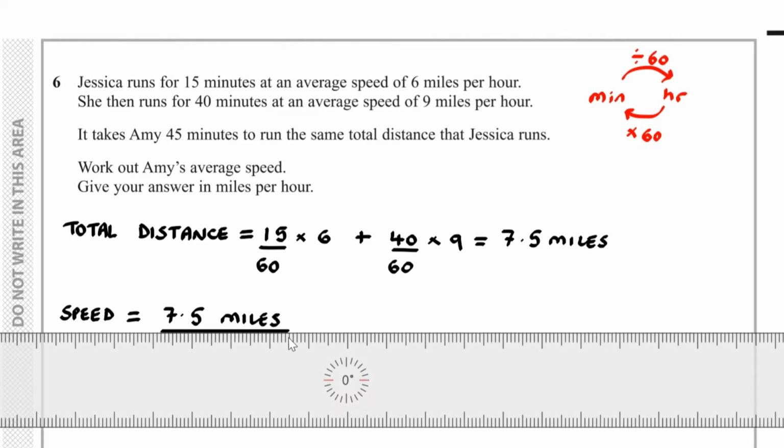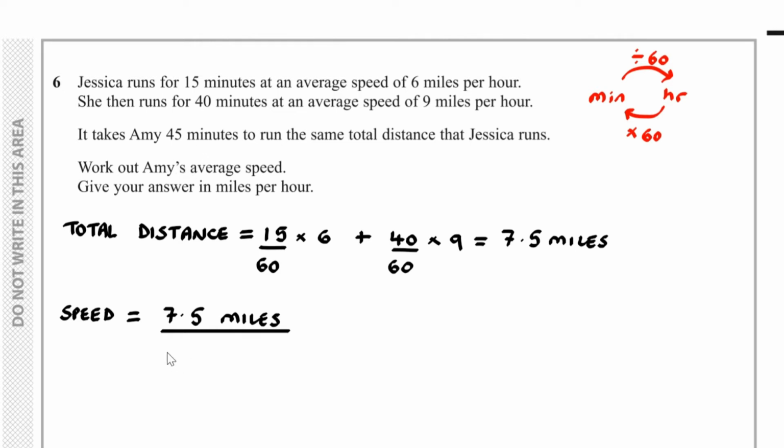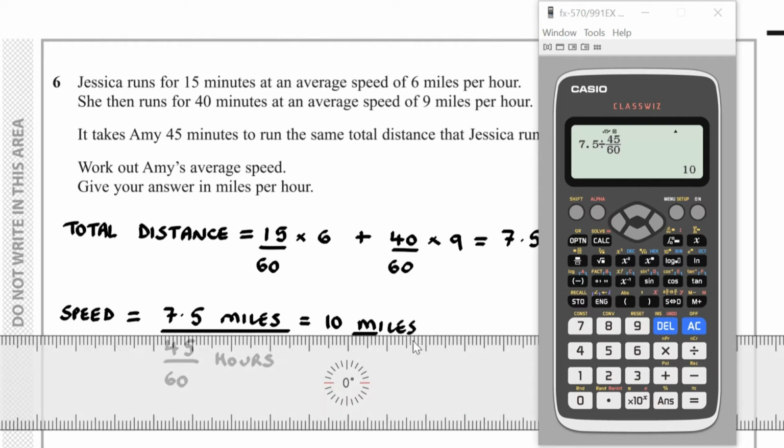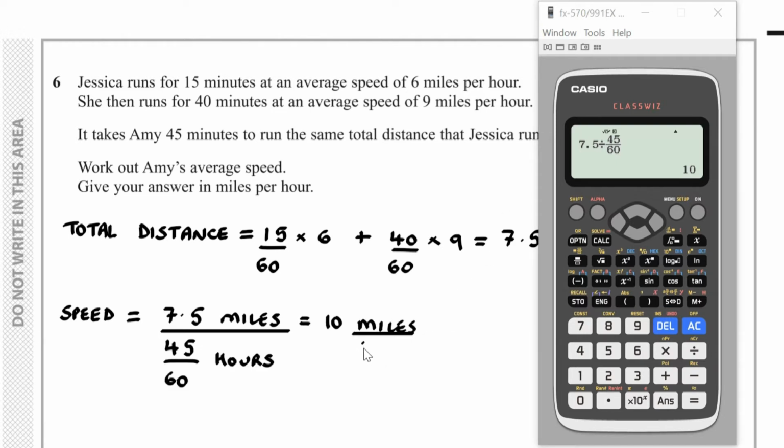And then I need to divide this by 45 over 60 hours. So I have 7.5 divided by 45 over 60, which is 10 miles per hour.